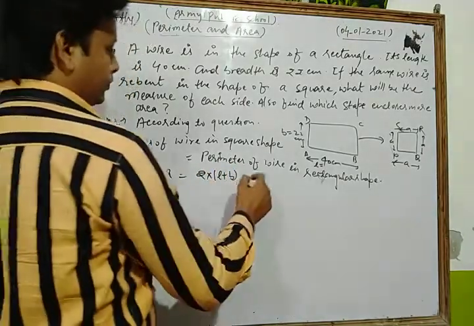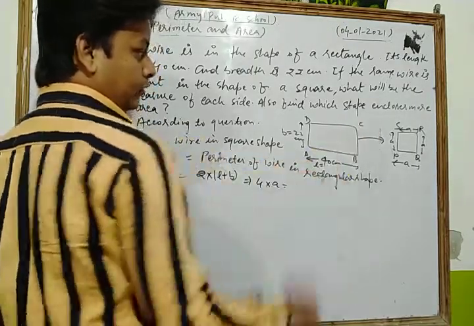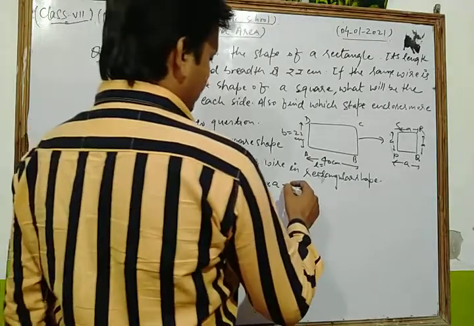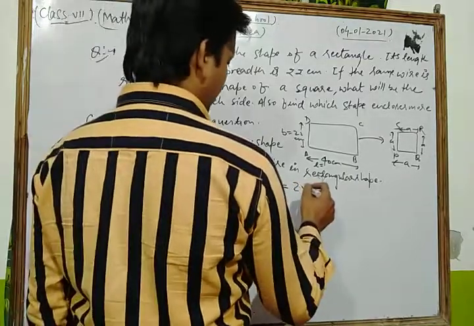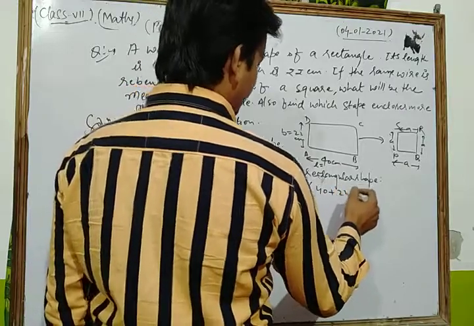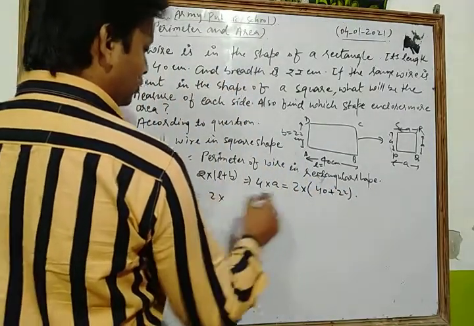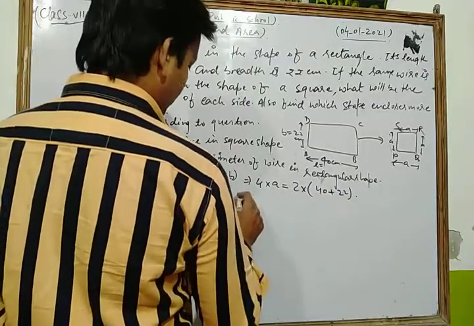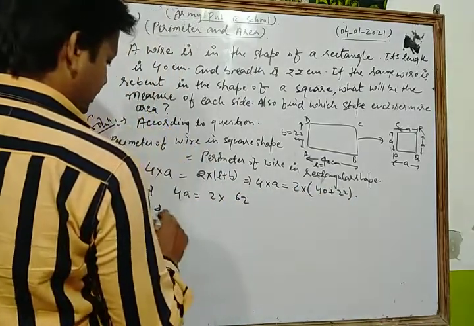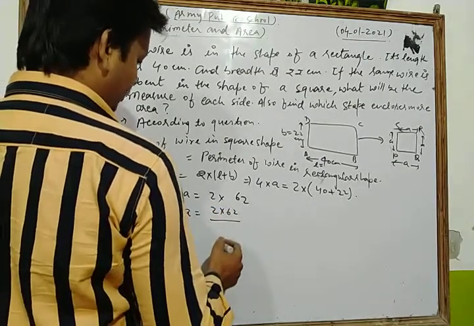Okay. Now resolving them, 4 into each side of the wire in square shape is equal to 2 into length plus breadth, that is 40 plus 22. So we get 4A is equal to 2 into 62. Thus the value of A is 2 into 62 upon 4.